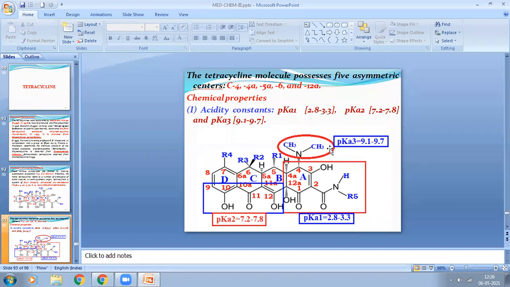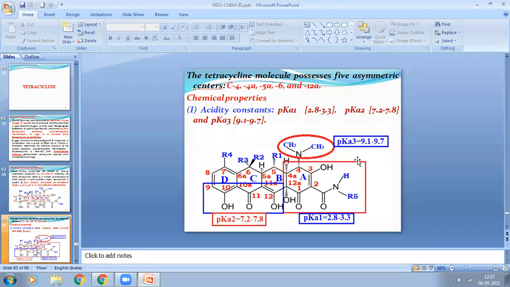So tetracycline shows 3 acidity constants due to 3 different conjugating systems. The first pK value is derived from the conjugated trione system from C1 to C3. Next, the pK2 value of 7.2 to 7.8 is derived from the phenolic anion system between C10 and C12.